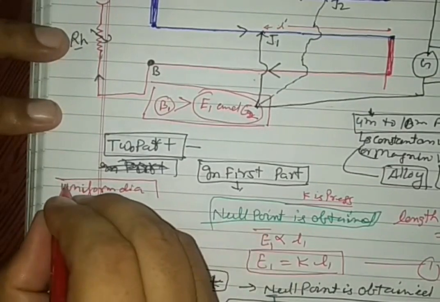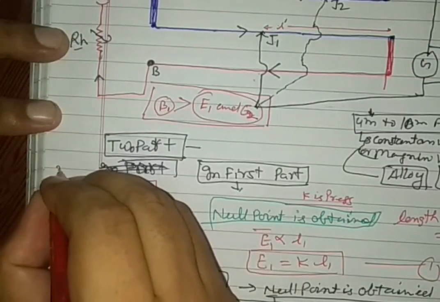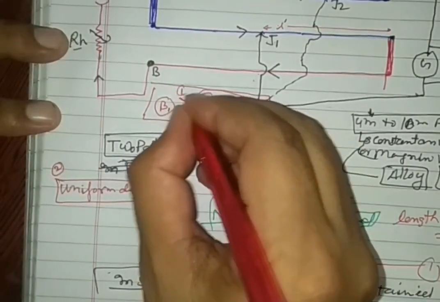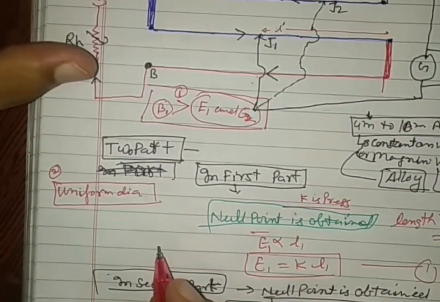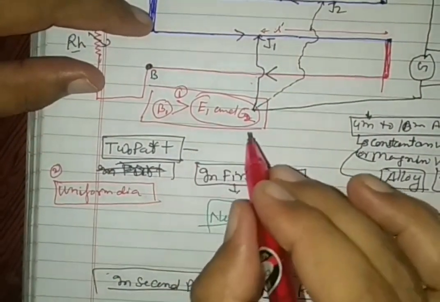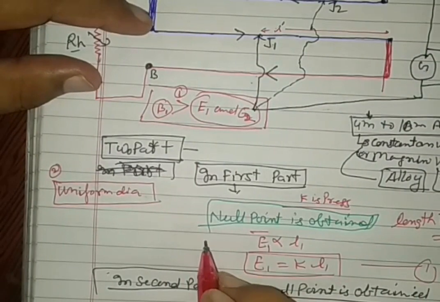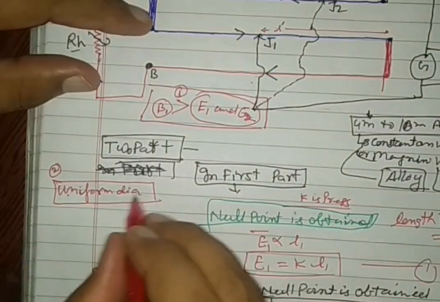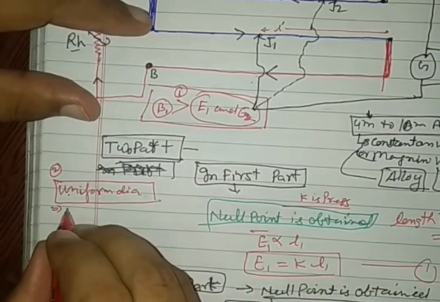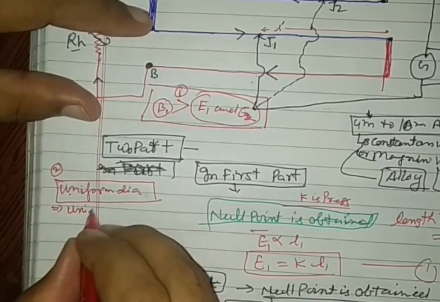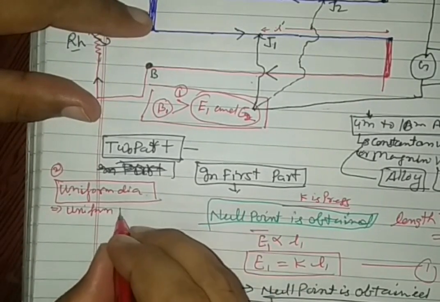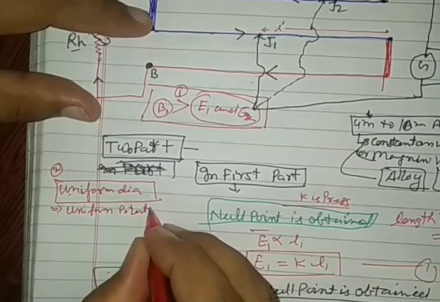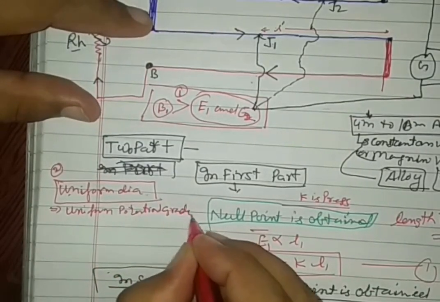It is the second precaution. Otherwise, we cannot do the experiment accurately. So uniform diameter indicates uniform distribution of electric potential, so a uniform potential gradient will be there.